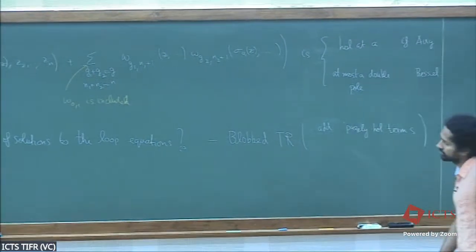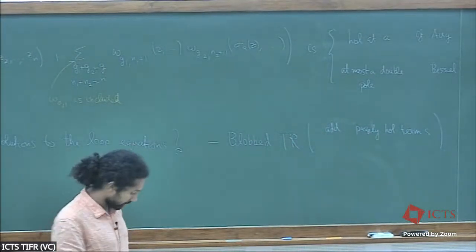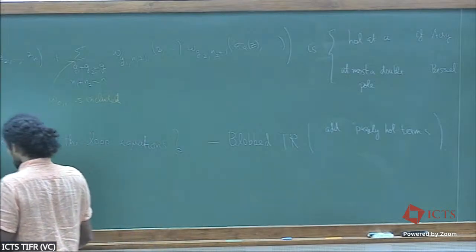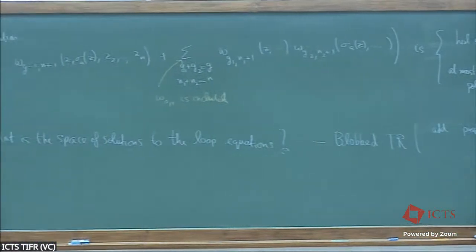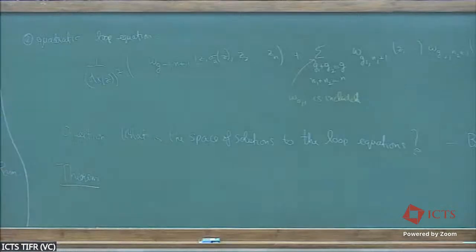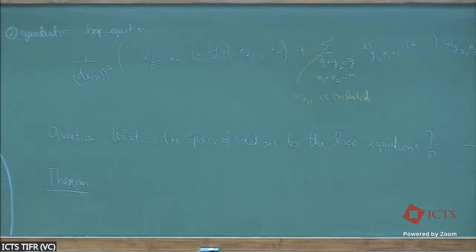But what we're interested in is the set of such differentials that satisfy the loop equations, but also satisfy this additional property that Alessandro introduced, the projection property. Remember that was reconstructing your differentials purely from the polar parts of the omega gns.